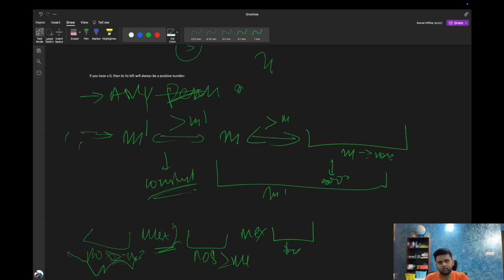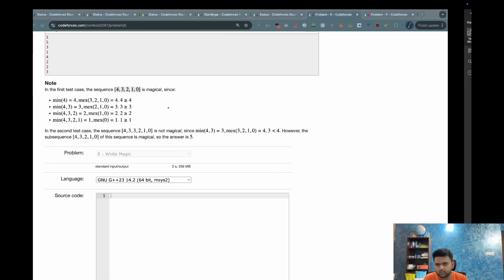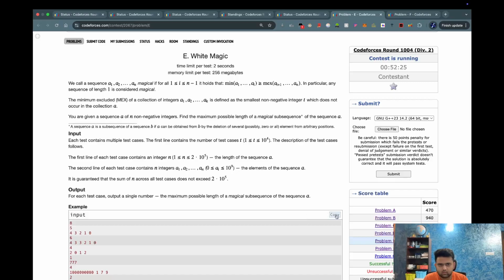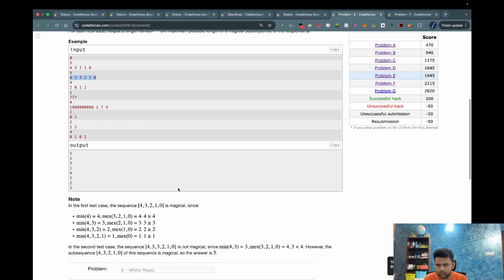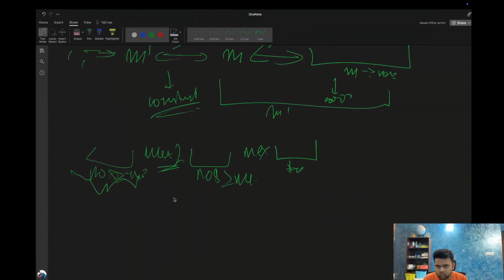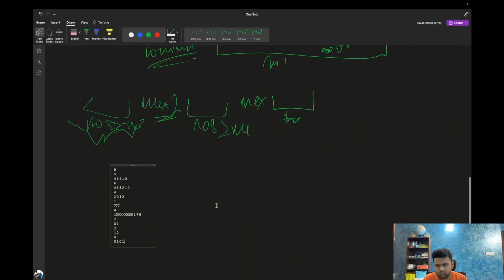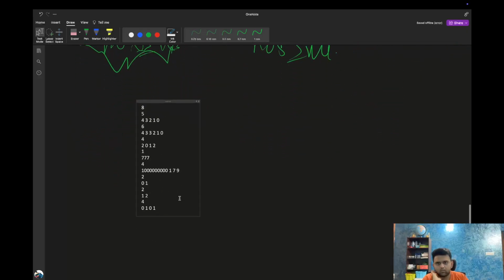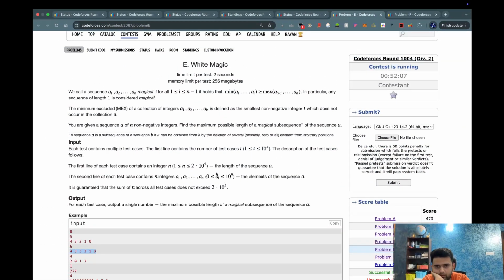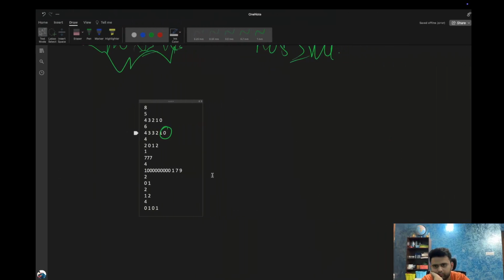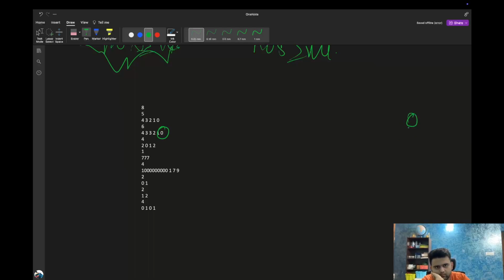So okay, let's take a sample test case and analyze. So 4, 3, 2, 1, 0, all these are bad. Let's check the second one. So say I start from here. Oh, what are some other constraints? I can just make sure everything's good in plus 1. That's not a problem. So I have 0 and current max is 1.